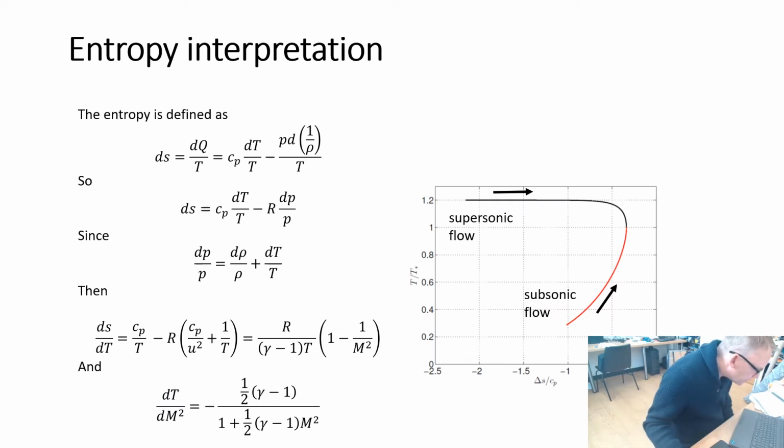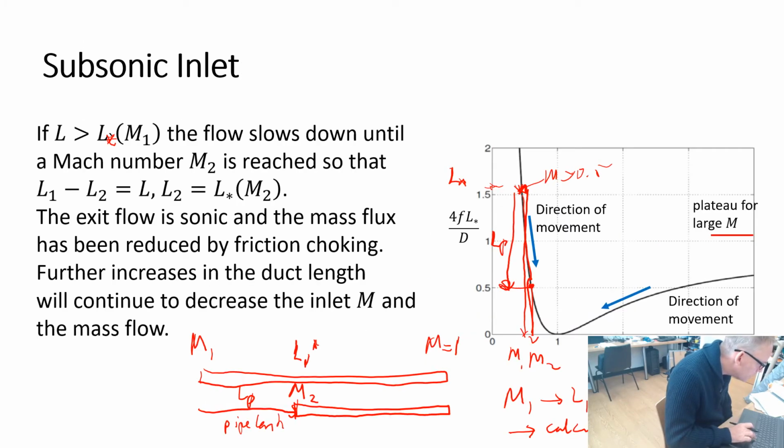Just one point is that, as you probably expect, the flow is being pushed to a state where the entropy is largest, and that occurs when the Mach number is unity. So that's being pushed to Mach number unity.